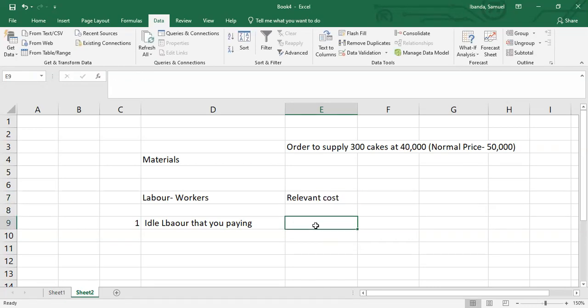Your relevant cost for such a scenario will be zero.